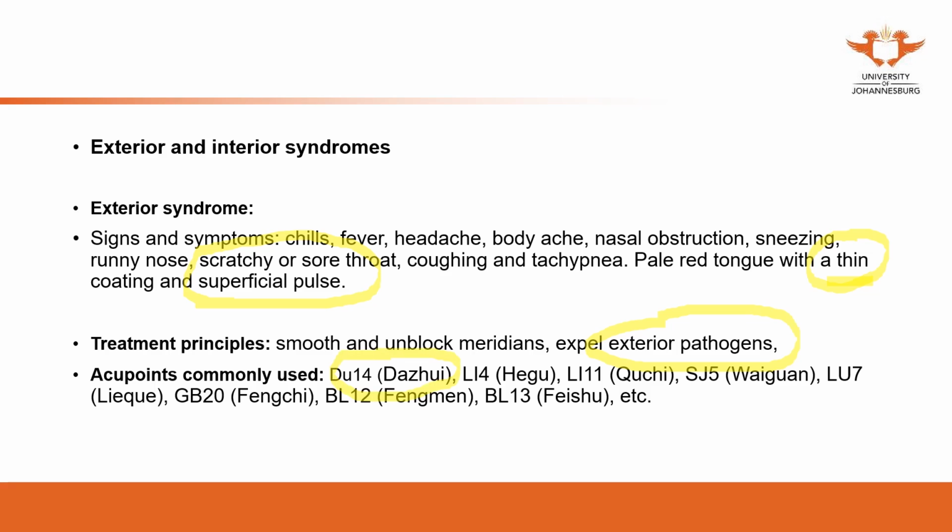Du14 is the meeting of the yang meridians, the yang qi. On the back, on the Du meridian, it is very important to clear the heat. Large Intestine 4 can activate the circulation and expel the wind. Large Intestine 11: these are all very commonly used to relieve the exterior.